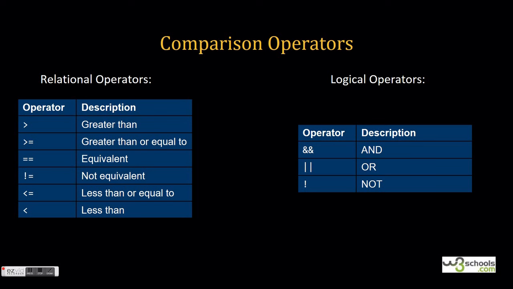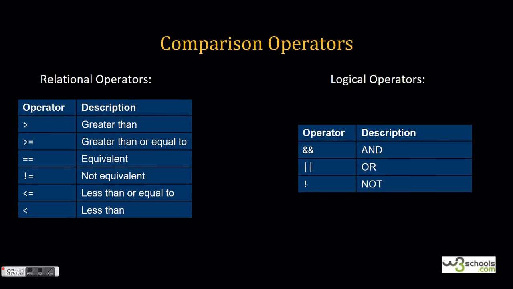We'll see examples of these as we go along, but let's try to get a better understanding of these different types of comparison operators. I'm sure we've seen relational operators from maths and stuff.